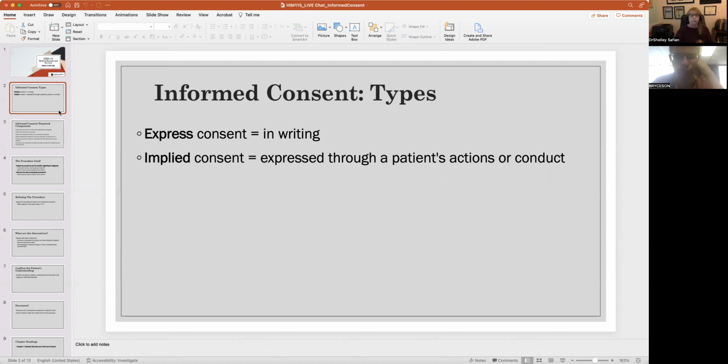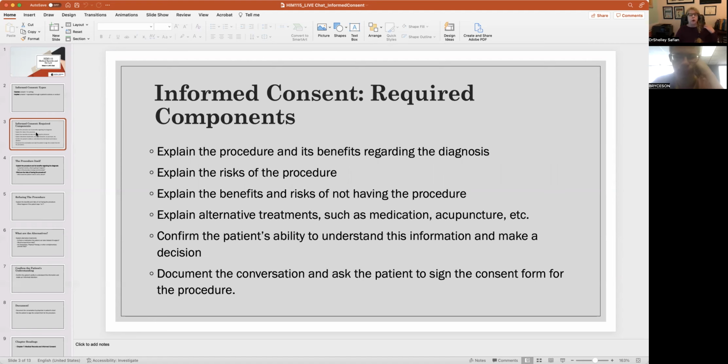Okay? All right. So now we're going to look at the 6 components of informed consent, and we're going to go over each one individually. So just to do the overview, explain the procedure, and essentially why is this procedure being recommended by the provider?